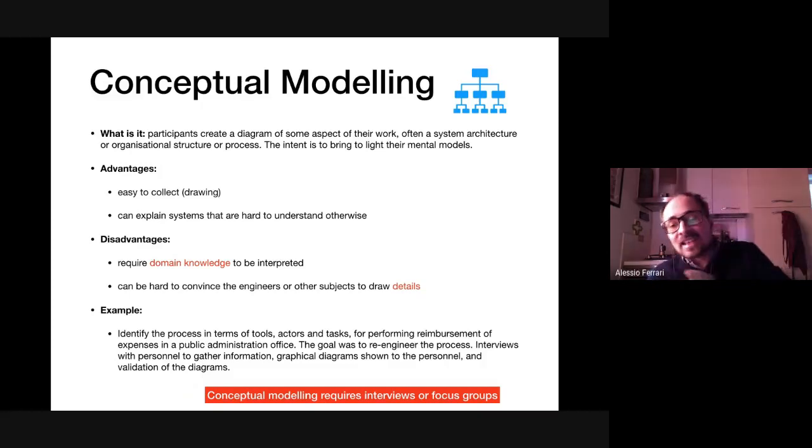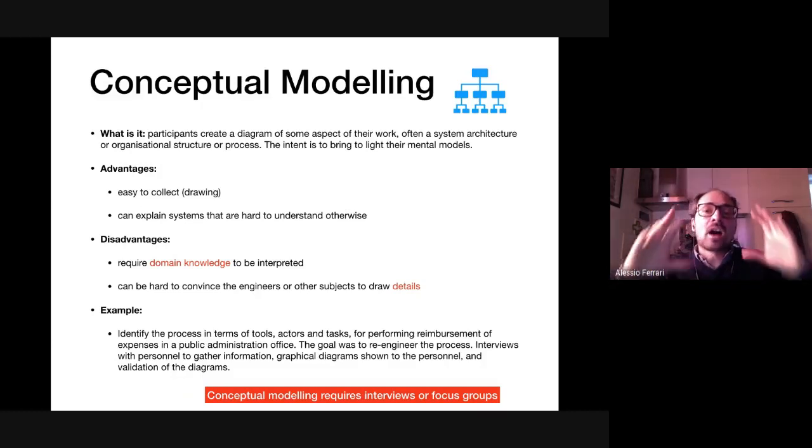Then they did the process diagram by themselves: now we are doing this activity, then you produce this document, then this document is passed to this other actor, etc. They showed this diagram to the personnel to validate, and then they tried to reason on the diagram, to modify the process, to understand what was wrong in the process.